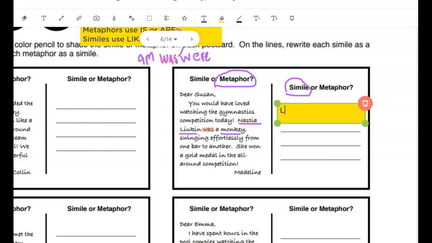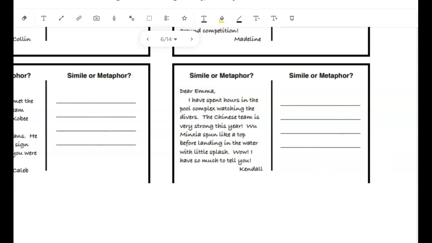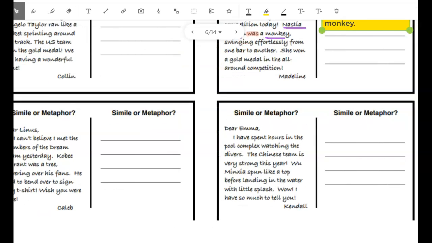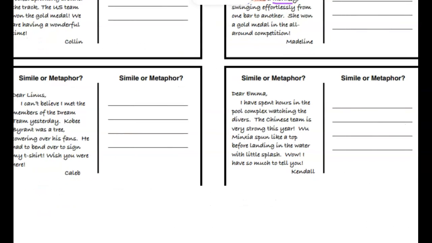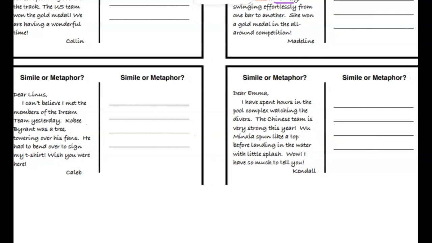Nastya Luikin is like a monkey. That word like makes it a simile. For the bottom two, you will complete on your own, and make sure you watch the next video about onomatopoeia.